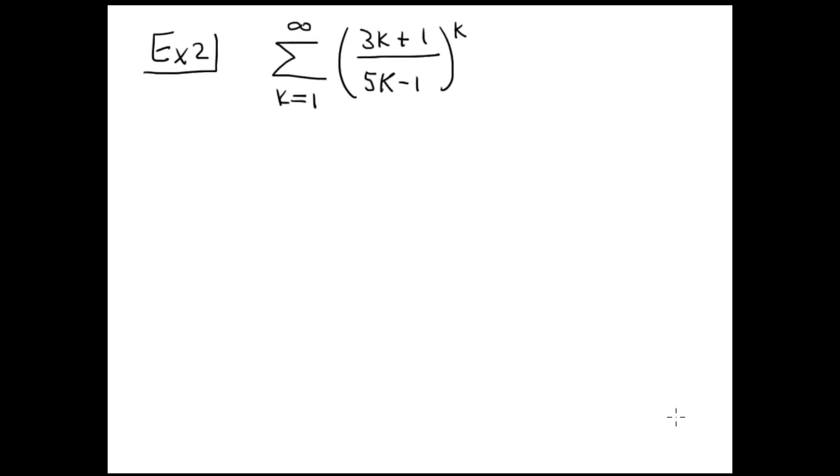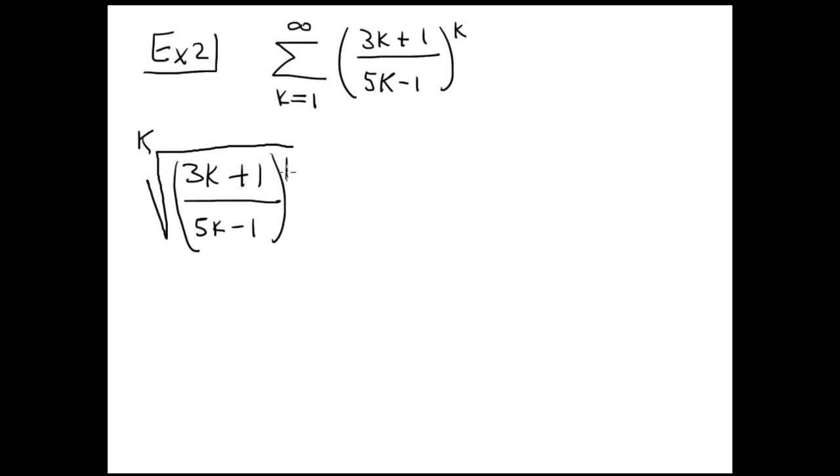Example 2, again the root test. So you apply the k-th root of this expression, (3k plus 1 over 5k minus 1), raised to the k power. It's obvious the k power and k root cancel out, and it's 3k plus 1 over 5k minus 1 without root, without power, and you apply the limit now.